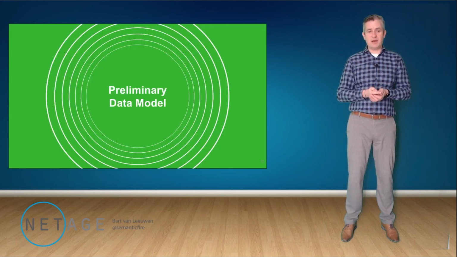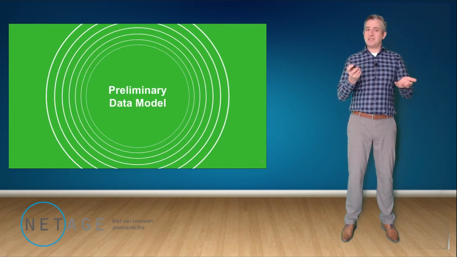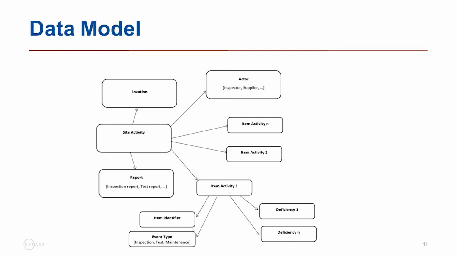So how does the preliminary data model look? This is a very simple sketch of it, and we're going to browse through it in the workshop. On the left hand side you see the ITM activity, which has a location, some actors, and a report in the end.